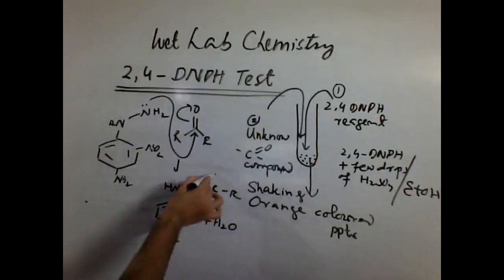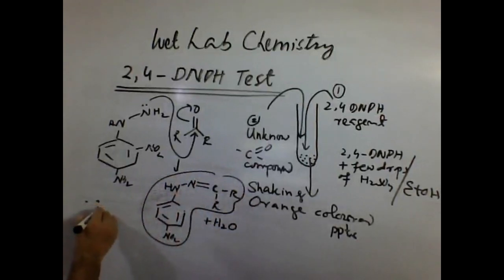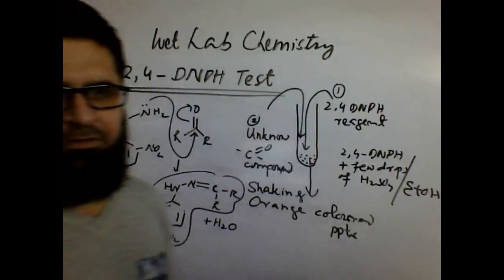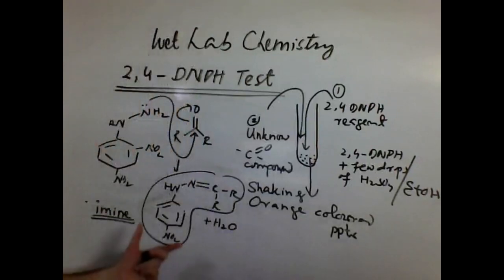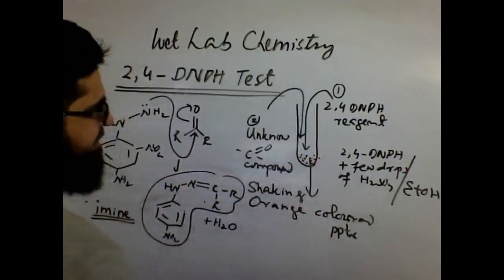So this is the final product, that is called an imine. I've given you lecture on the imine formation in your classes. So this product, when it is generated inside the test tube, this body goes to settle down in the form of precipitate.